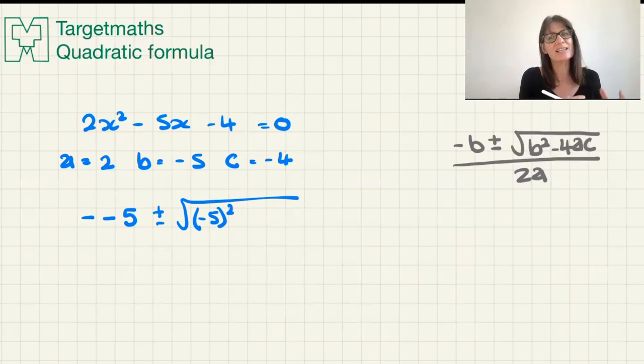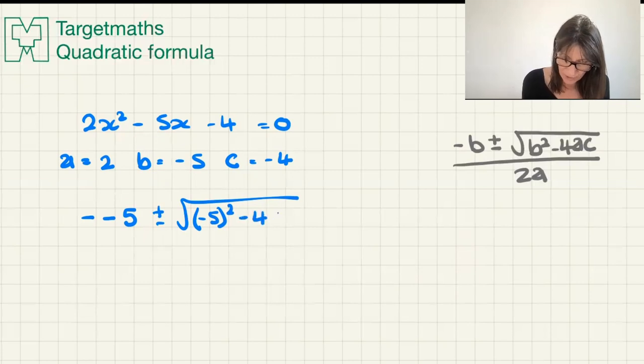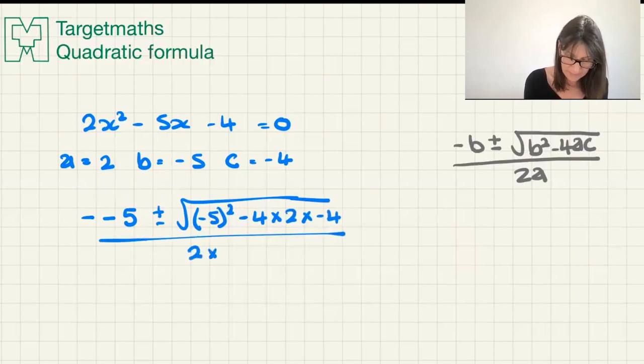So the calculator is due to the way it's programmed with BIDMAS. There is a reason for it, but you need to be aware of that, otherwise it's going to easily go wrong on you. So you want to put that into a bracket. Then -4 times a, which is 2, times c, which is -4, all over 2 times 2.